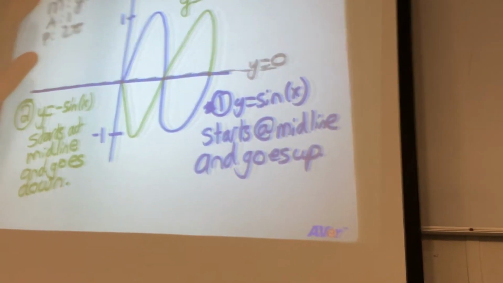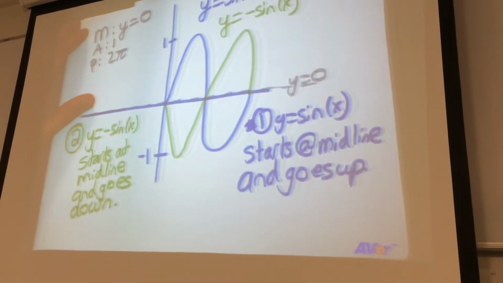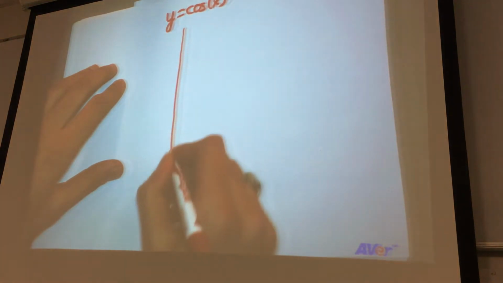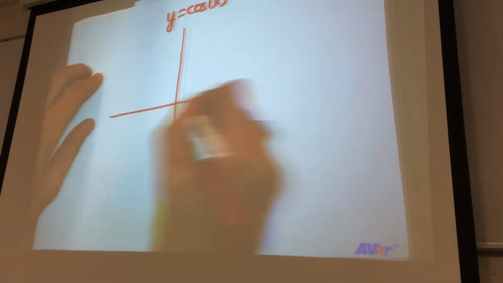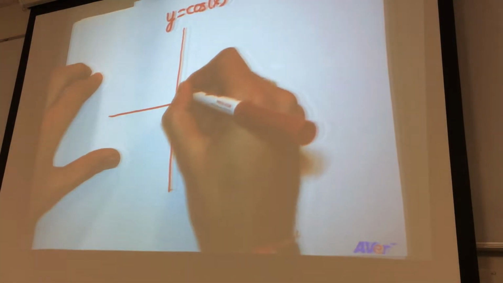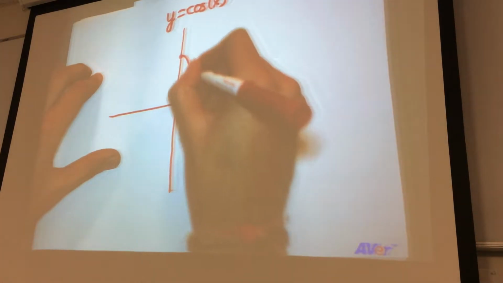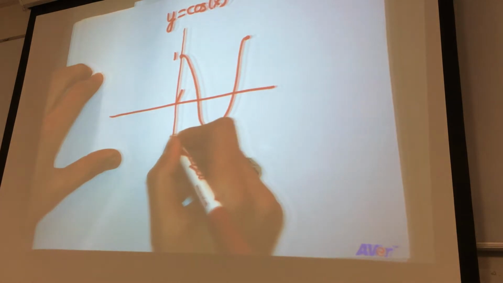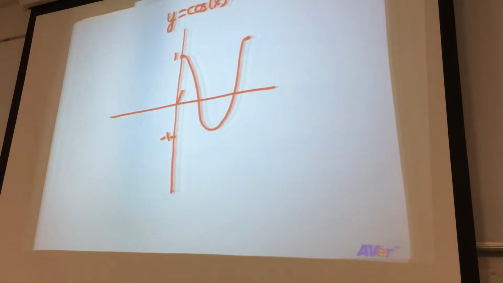Any questions on sine? All right. Let me go to cosine. Y equals cosine of x. And then in purple, let me draw y equals negative.